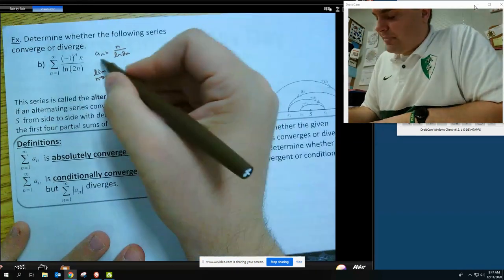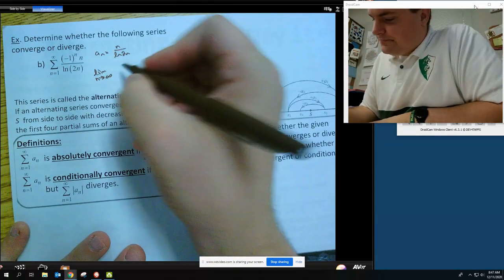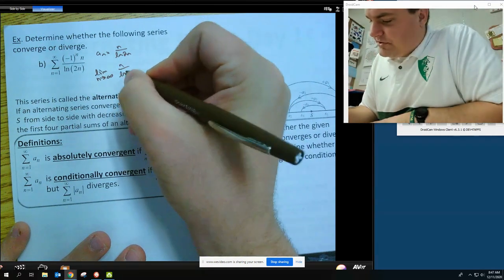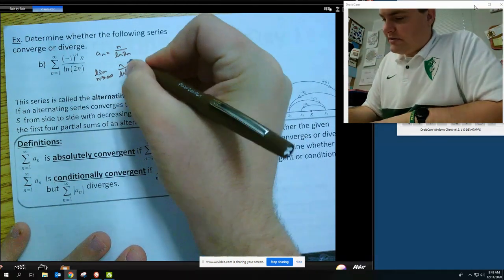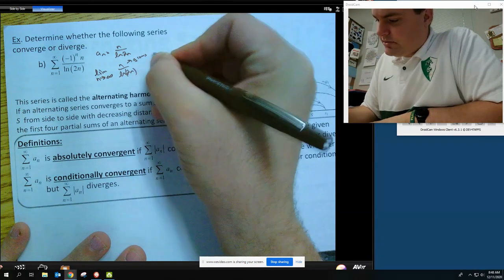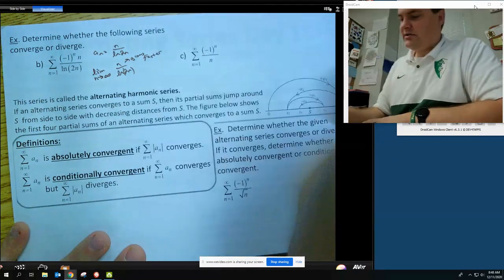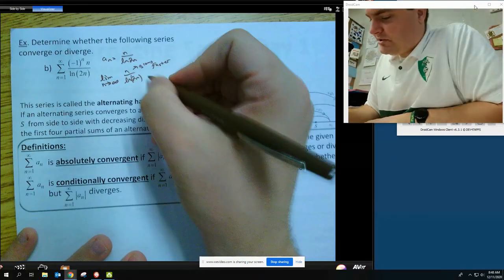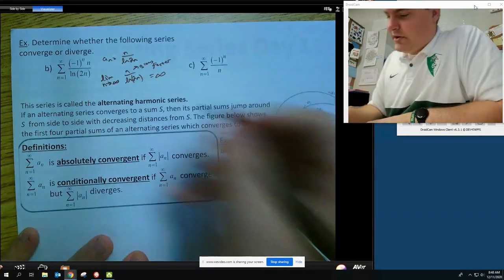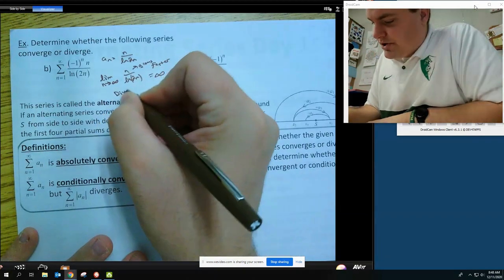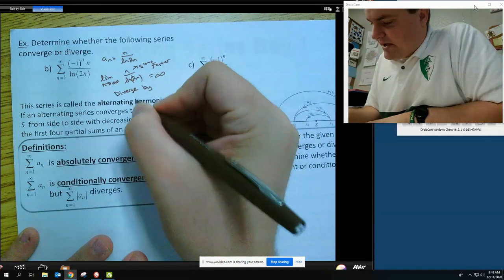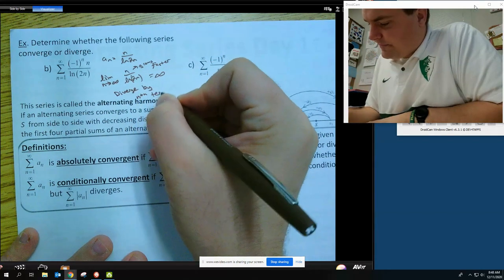So this limit here of n over ln of 2n, n is growing faster. So since it's growing faster on top, this is actually going to equal infinity. So this is going to diverge by the nth term test.